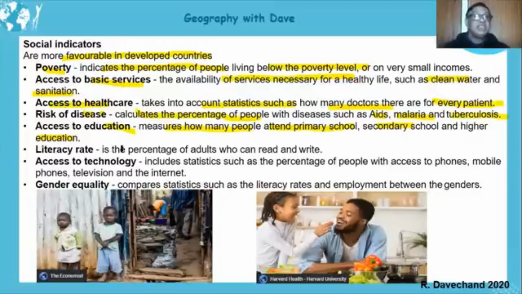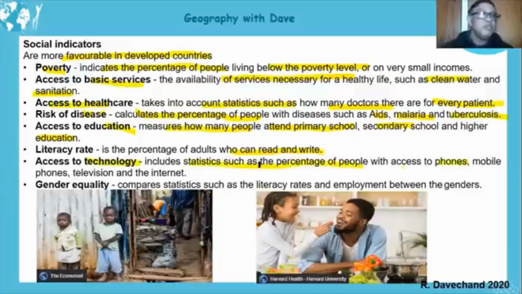Literacy rate, the percentage of adults who can read and write. You understand? In developed countries, development is high because almost everyone can read and write. It's sometimes 99 or 98 or 99.8%, compared to the LEDCs. And it affects your quality of life. It affects your development. Access to technology includes statistics such as the percentage of people who have access to phones.